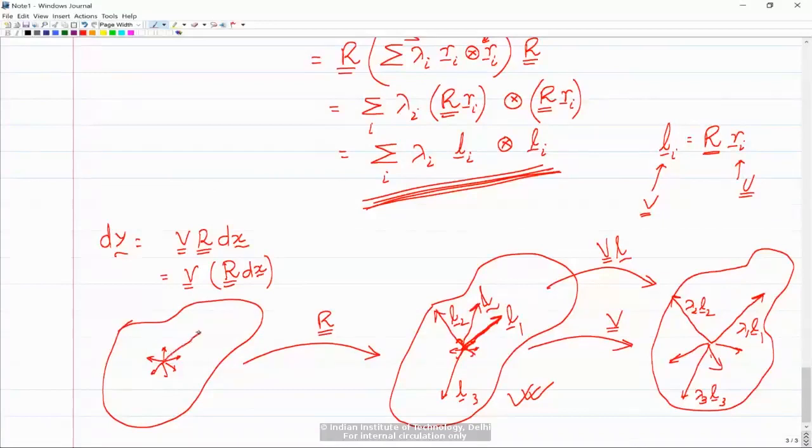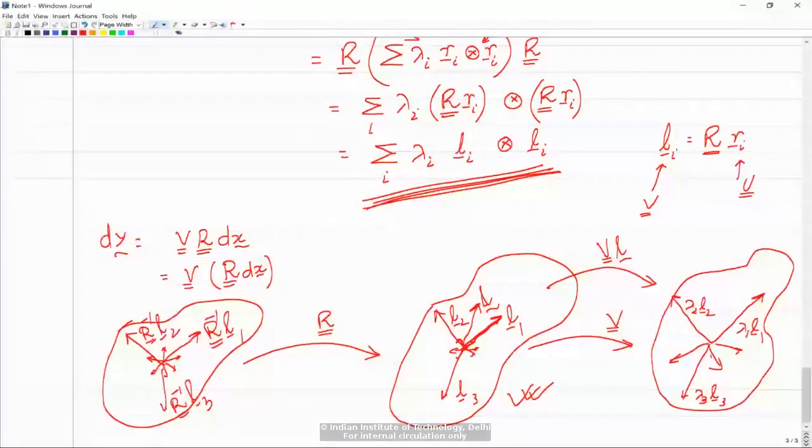So here you will have R inverse L1, R inverse L2, and R inverse L3. Those are the line elements in the reference configuration, which due to rotation change to L1, L2, L3, and finally due to V change to lambda 1 L1, lambda 2 L2, and lambda 3 L3.